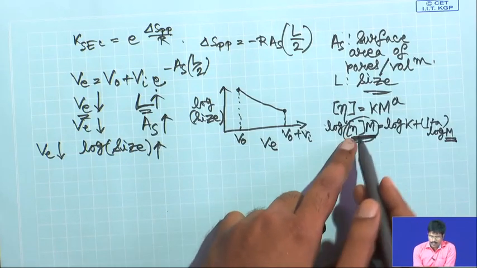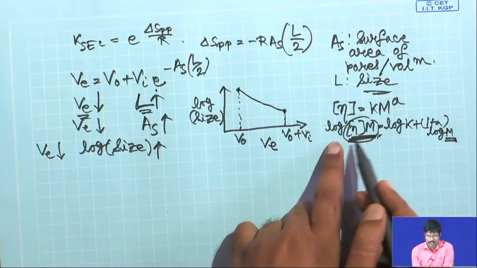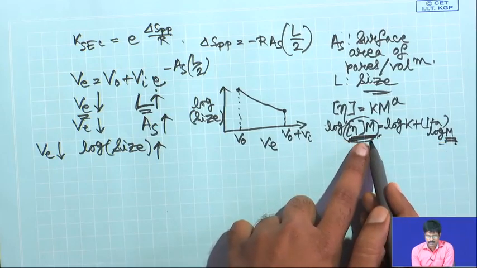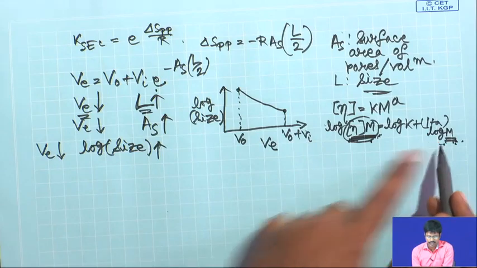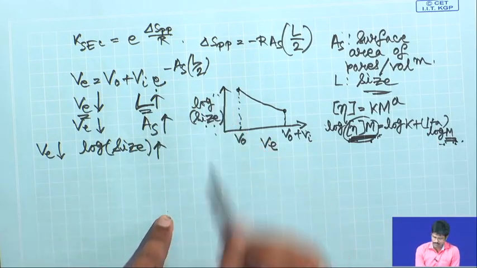So, in a way you can put log size here for eta into M, and log M is there. So, log size basically is correlated with log M in this kind of fashion. Instead of log size you could put log M here, that you have to keep in mind.